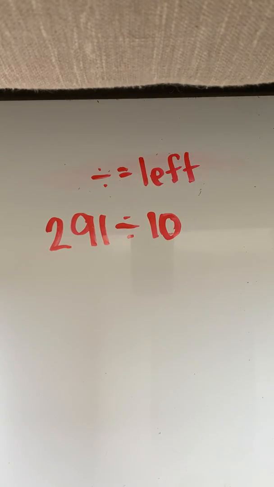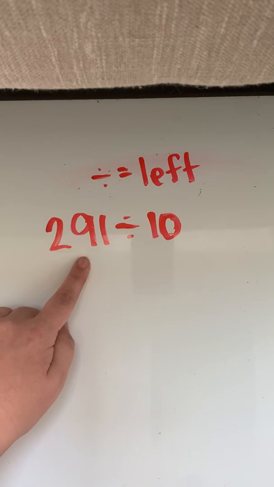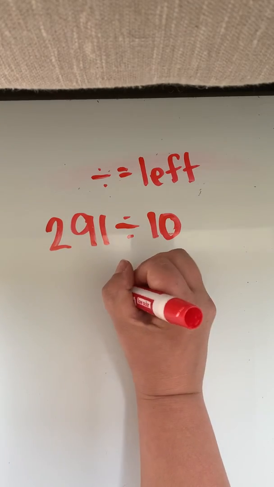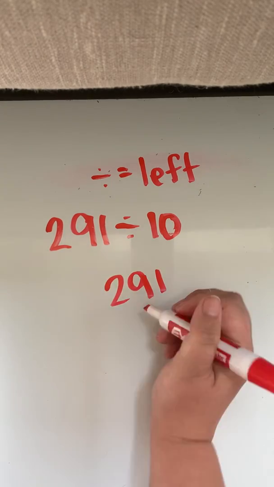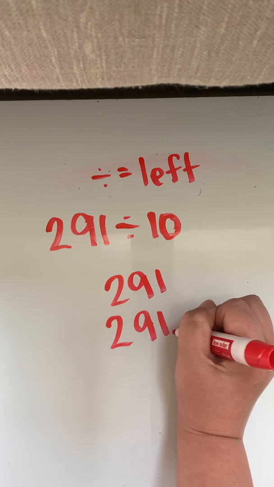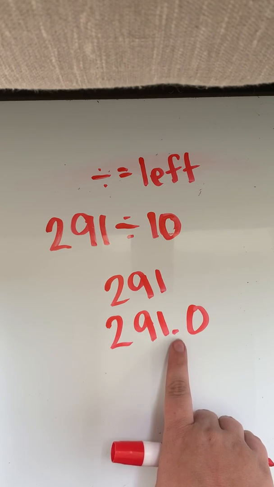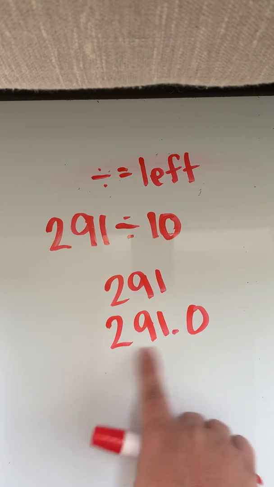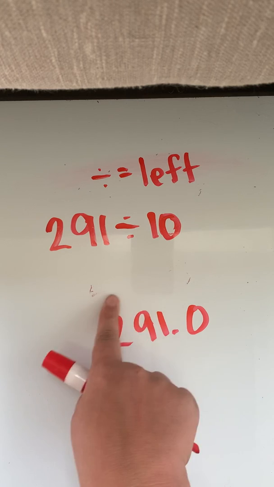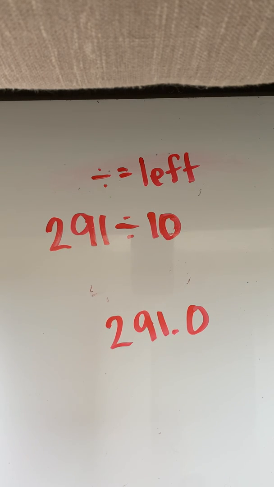Okay, so if I have 291, remember that I told you that 291 and 291.0 are the same numbers. Remember talking about that a second ago? Good. So I'm going to take a look at where my decimal point is. This is the same thing as this. And I'm going to look at my 10.